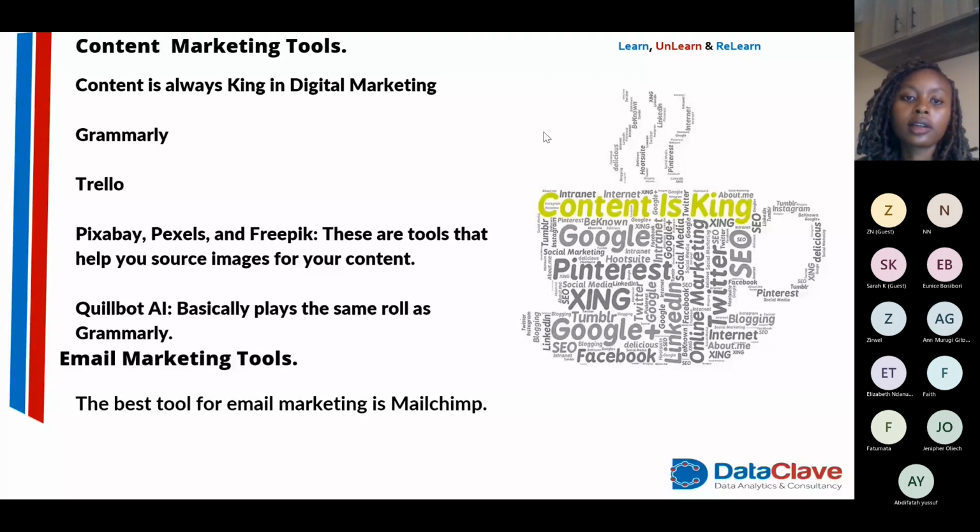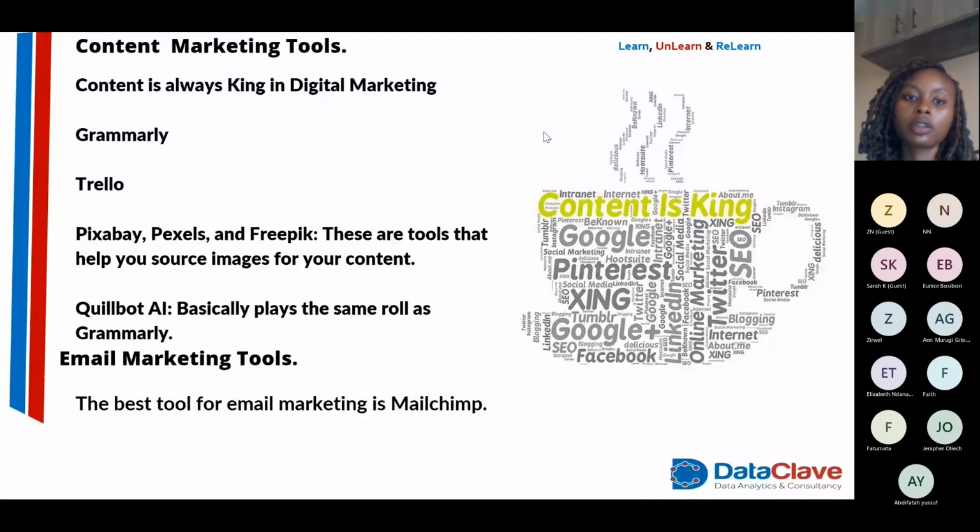Then we have the sites for sourcing images for your content, because images are very important, and you won't always take a picture for your social media platforms. For the images you need, there are three tools I use. I have Pixabay.